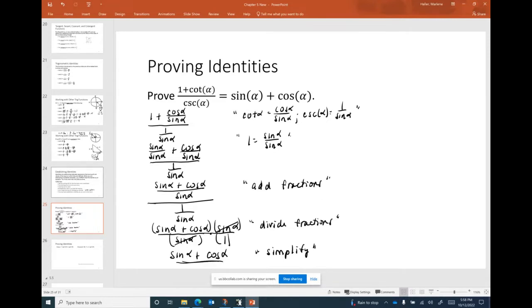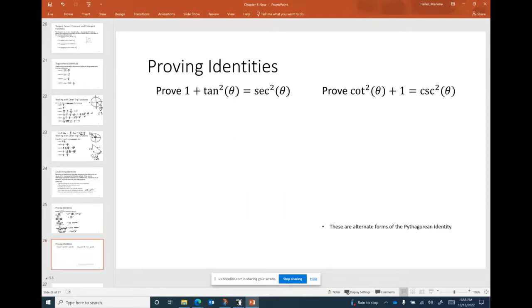Let's try another one. Look at these. We've got 2 identities here that we want to prove. 1 plus the tangent squared equals the secant squared, and the cotangent squared plus 1 equals cosecant squared. By the way, these are just alternate forms of the Pythagorean identity, and I think these identities are written on your formula sheet.